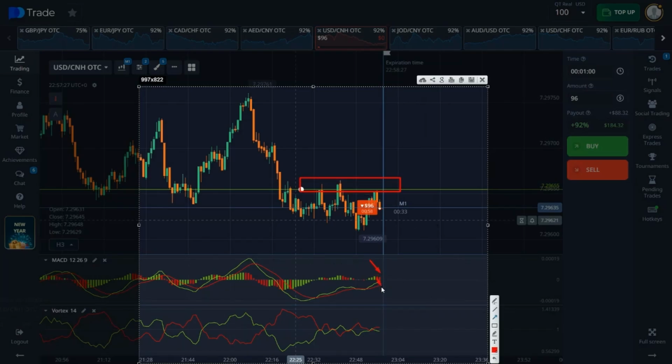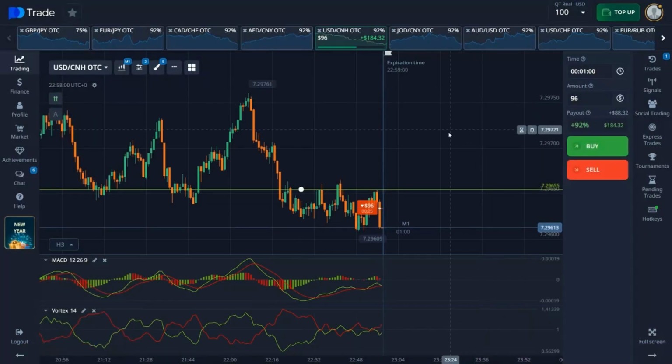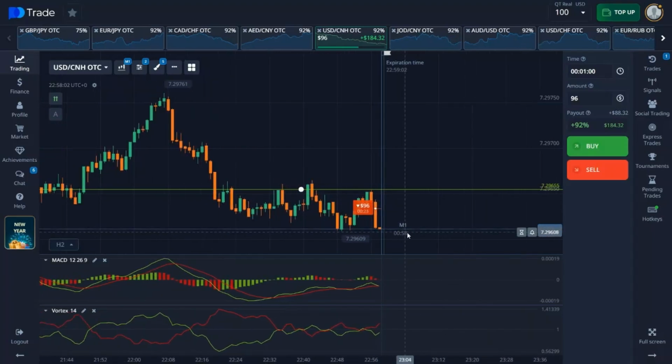The moving average is also below our volumes, that is, here we have a very weak impulse from buyers to break through this level, and we also look at the Vortex indicator. The red moving average is above the green one, that is, all the factors indicate that the trend will fall. Well, we see a good downward movement, accordingly, we did the analysis correctly, we are waiting for the result.